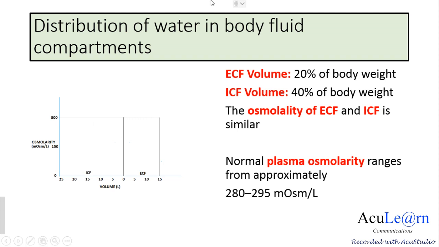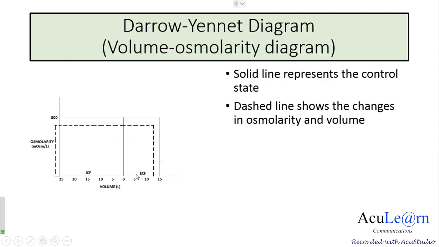Now, if you look at the graphical representation of volume and solute concentration in ECF and ICF, the x-axis is the volume and the y-axis is osmolarity. The osmolarity of both the compartments is approximately 300 milliosmoles per liter, and the volume of ICF is more than that of the ECF.